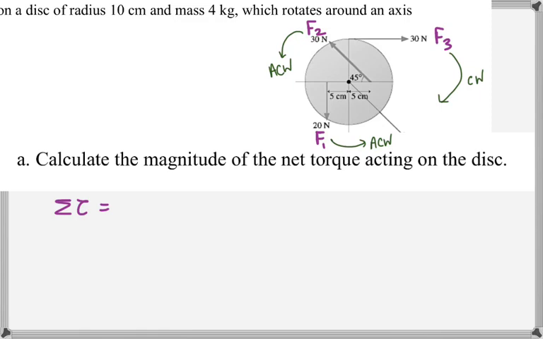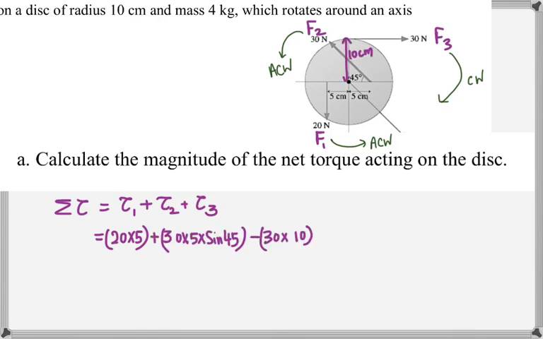Next question is about again net torque. We had done this kind of question in the class. There are three forces, F1, F2 and F3. Net torque will be tau 1, tau 2 and tau 3. So 20 multiplied by 5 is positive because it's anti-clockwise.